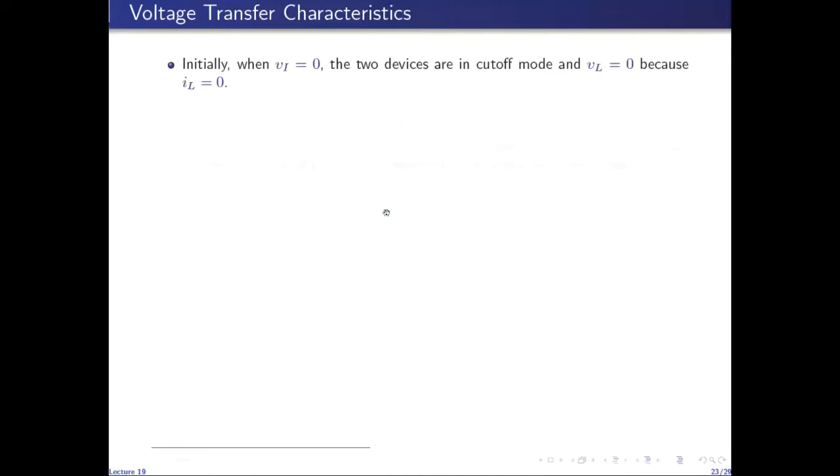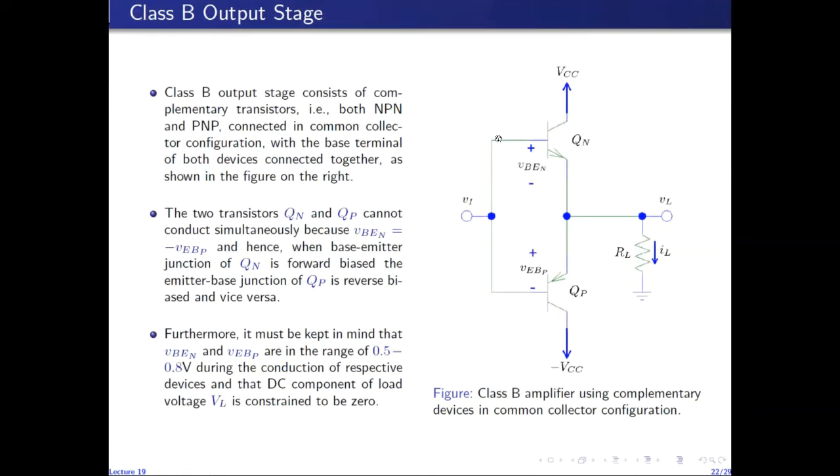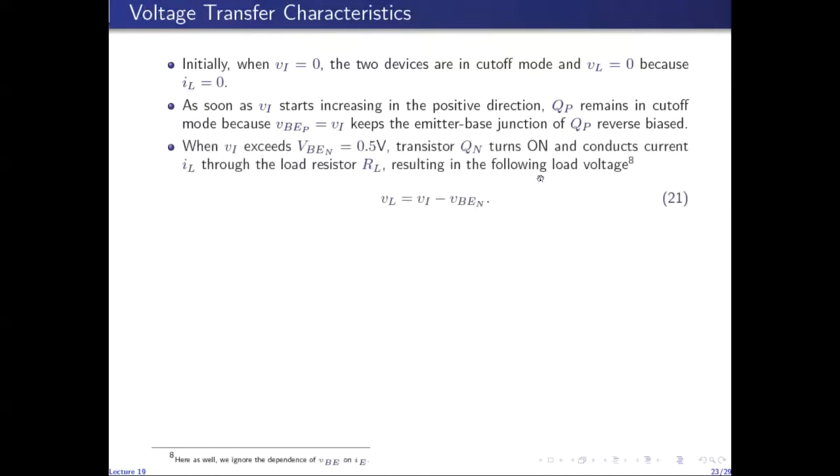That is, Vi minus VL is equal to VBE of N. So this gives VL as Vi minus VBE of N. And in the following analysis, we will in fact ignore the dependence of VBE on IE, which was discussed before, that VBE changes by about 60 millivolts for a factor of 10 change in IE.